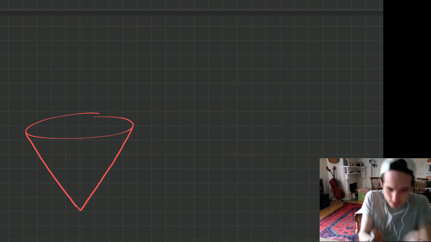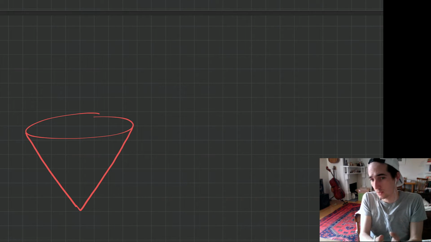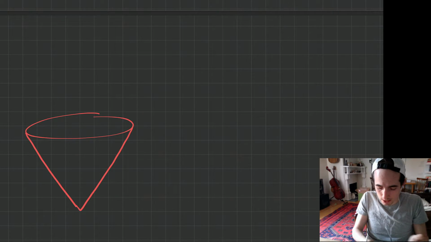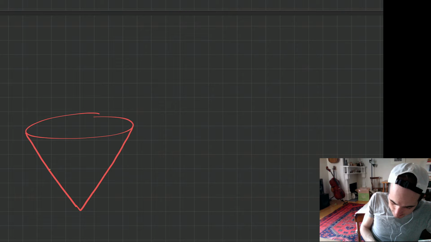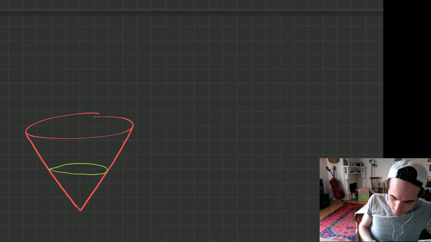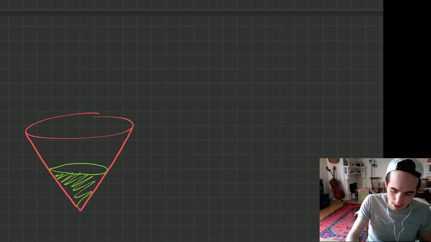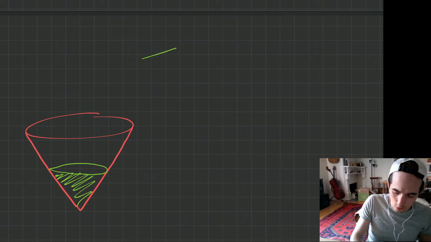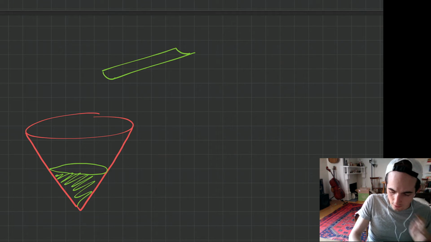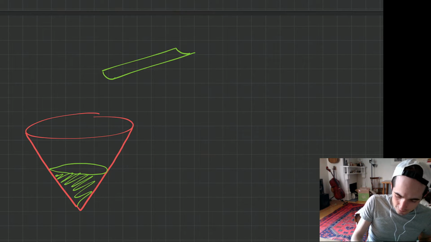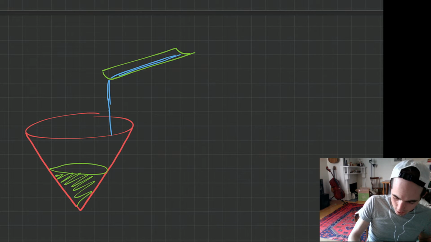So let's say that we've got this conical sort of water basin that's collecting water, and it's slowly filling up with water. So this is our water. It's being poured into our cone, and let's say that we have some kind of tube like this, and water is flowing from the tube into our cone.